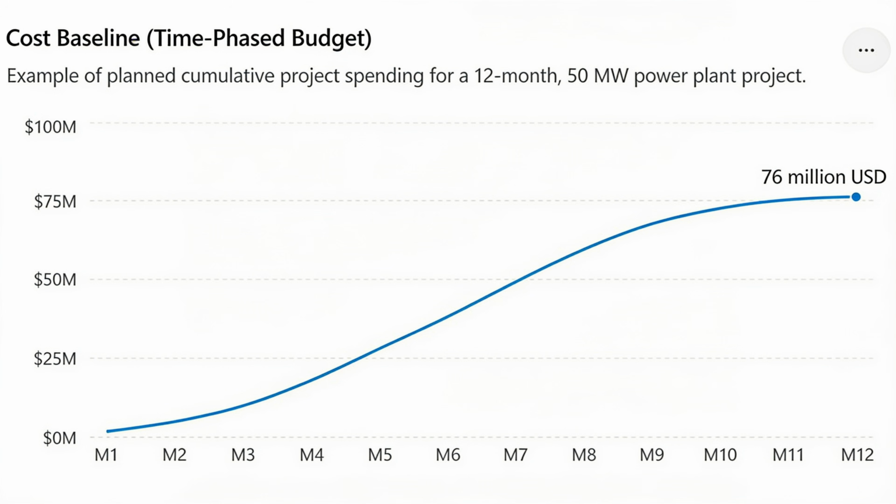Therefore, project spending increases rapidly. Towards the end of the project, the curve flattens again. The focus shifts to testing, commissioning, documentation and handing over. Since very few major purchases are made in this stage, the spending rate slows down again.